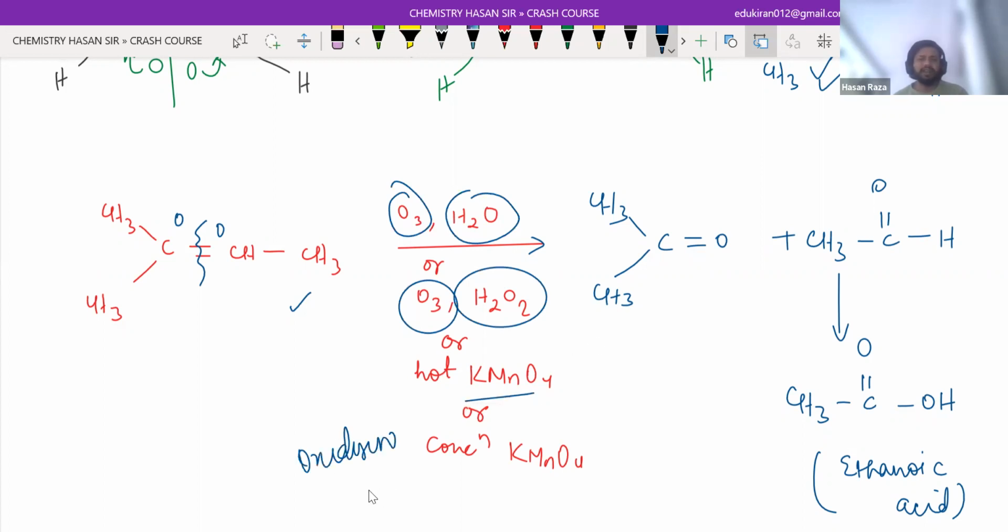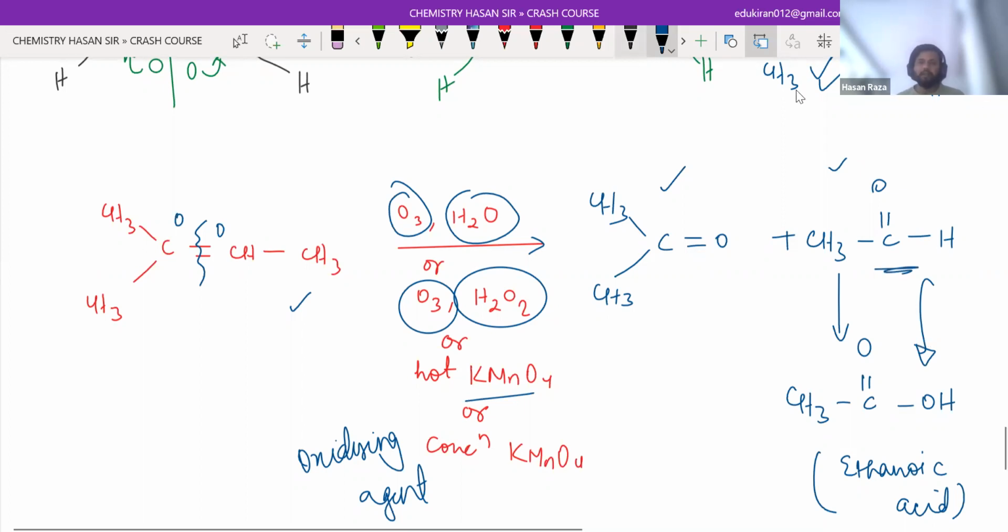They will not oxidize a ketone, but they can easily oxidize an aldehyde. So whatever is in the aldehyde form, you need to convert that aldehyde into carboxylic acid. So our main product will be this propanone.